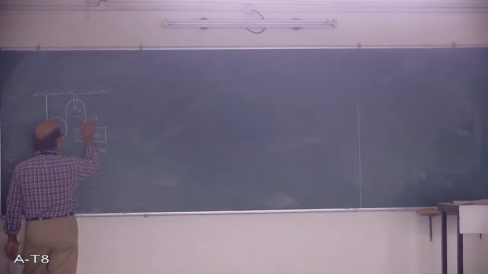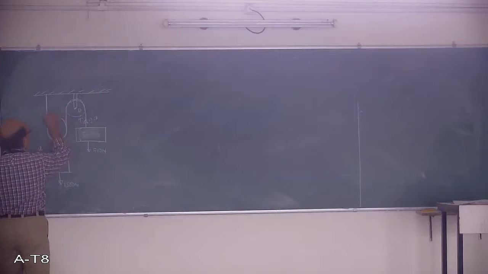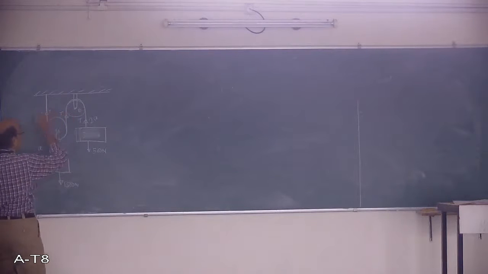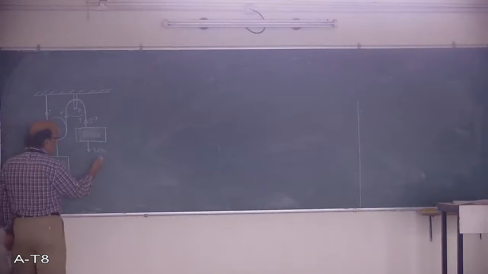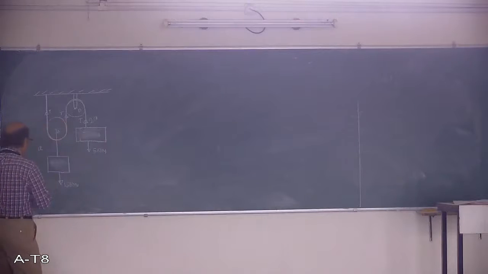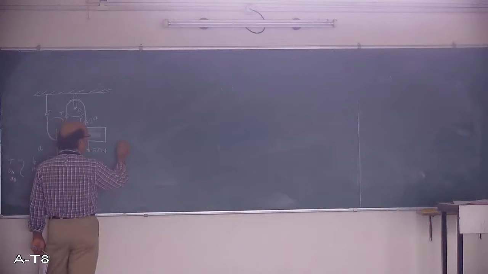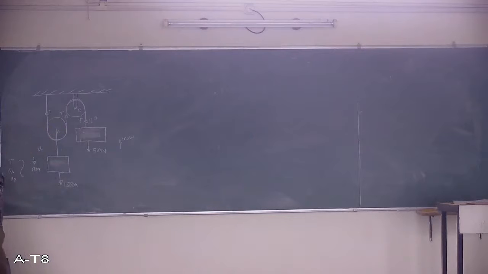There will be tension in the string, and tension will remain the same. This is also tension, this is also tension in the string, and this block moves up, this block moves down. I'll show the direction of movement like this. This will be moving up. So always inertia force will be opposite to the direction of movement or direction of acceleration.